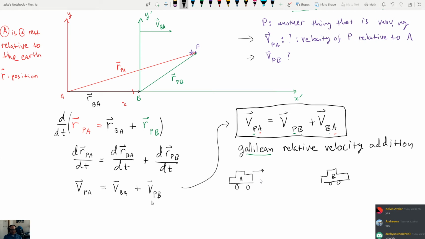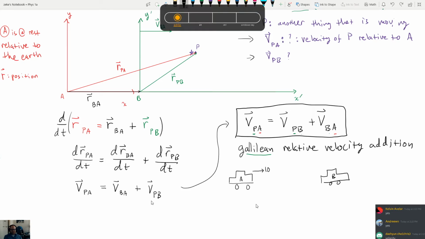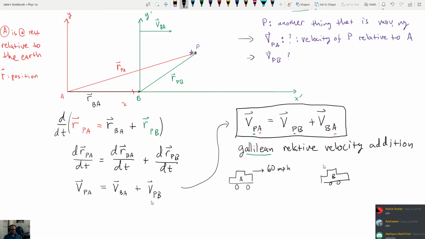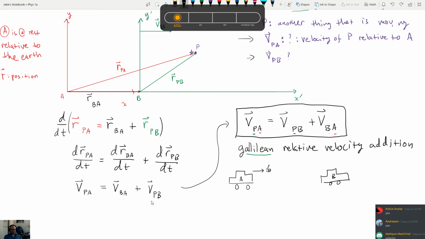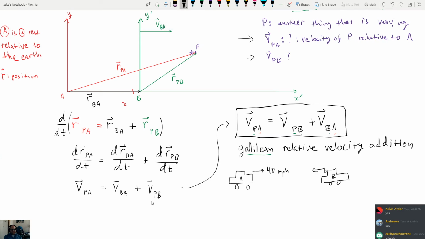So the first one was moving at 100 miles an hour this way, and this one was moving, no, not 100, sorry, it was 60 miles per hour. I want to use the same numbers exactly. So it was 40 and 60, right?